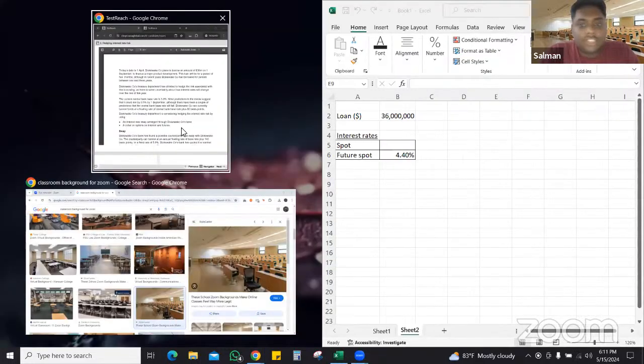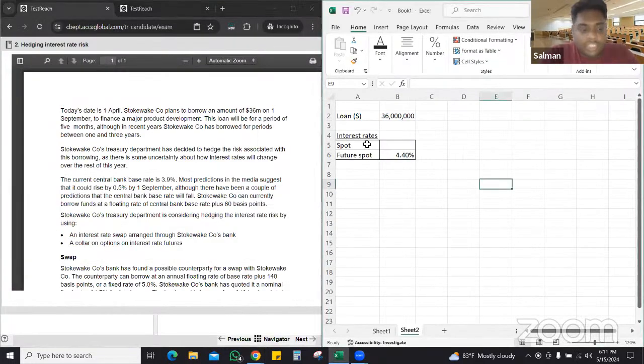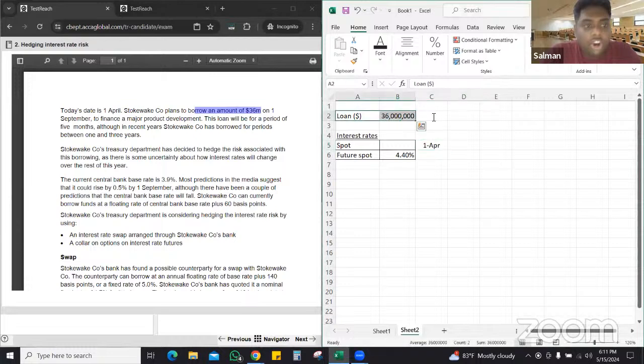Right. Today's date is 1st of April. So spot date is basically 1st of April. Stockwave Company, so we are Stockwave, plans to borrow an amount of $36 million, which we have noted, on 1st of September.